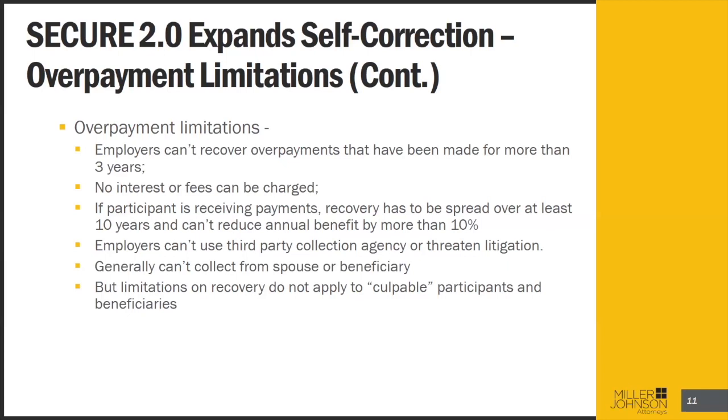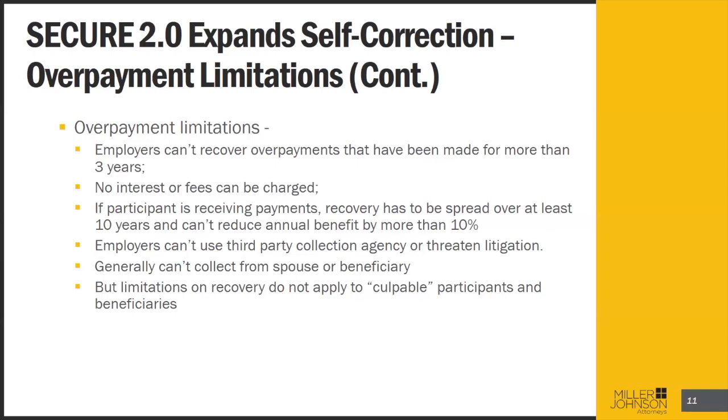If the participant is receiving payments, like an annuity payment, which would affect defined benefit plans primarily, the recovery has to be spread over at least 10 years and can't reduce the annual benefit by more than 10%. So that's a pretty big restriction. You can't use a third-party collection agency or threaten litigation. And there's a general rule that you can't collect from the spouse or beneficiary.